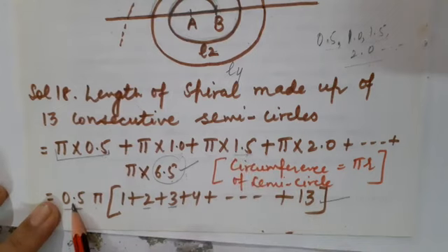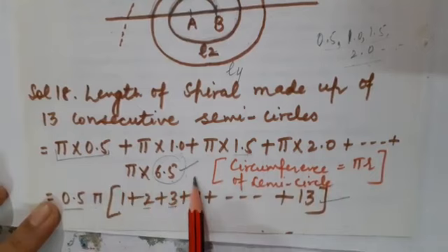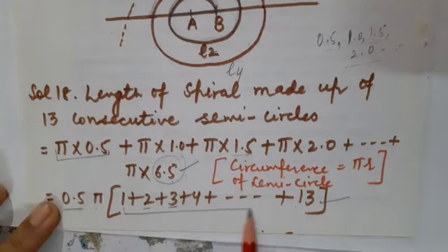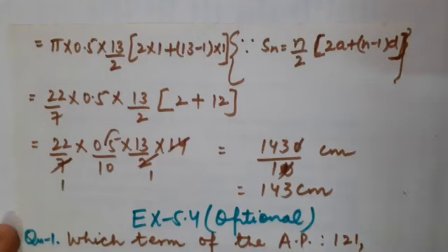Then 0.5 by 4, you get 2.0. Basically, this has become a complete AP. From here, I am going to take common 0.5 into pi. So again, I have got an AP in the bracket, that is 1 plus 2 plus 3 plus 4 up to 13. Correct, students?